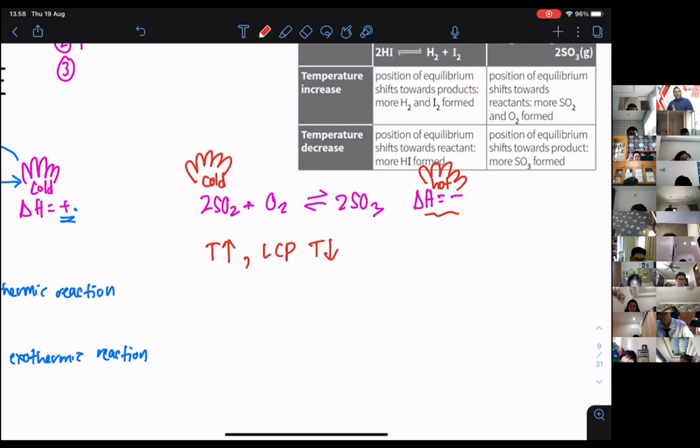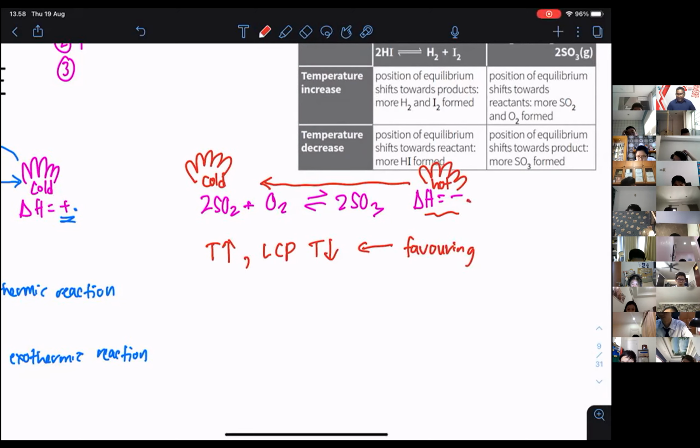How do I decrease the temperature? By hot changing to cold. So I am shifting the position of the equilibrium towards my left, but in your exam, you don't mention it that way. You say it is going to favor, favoring. It will be shifted to the left, favoring, this is exo.